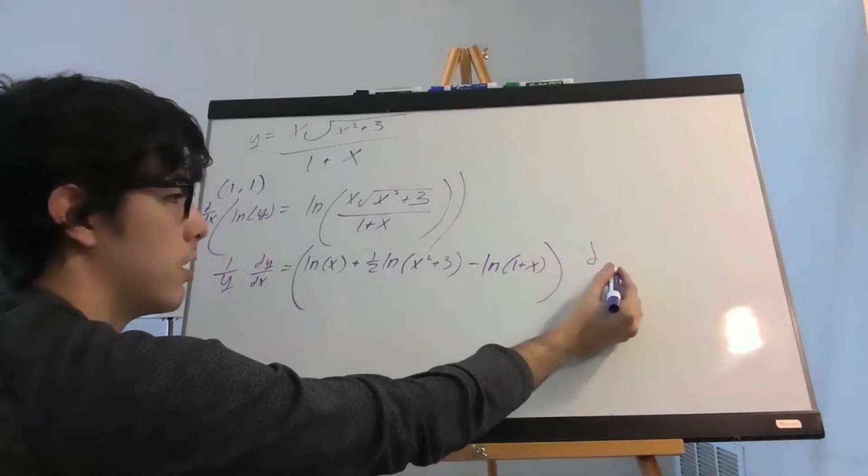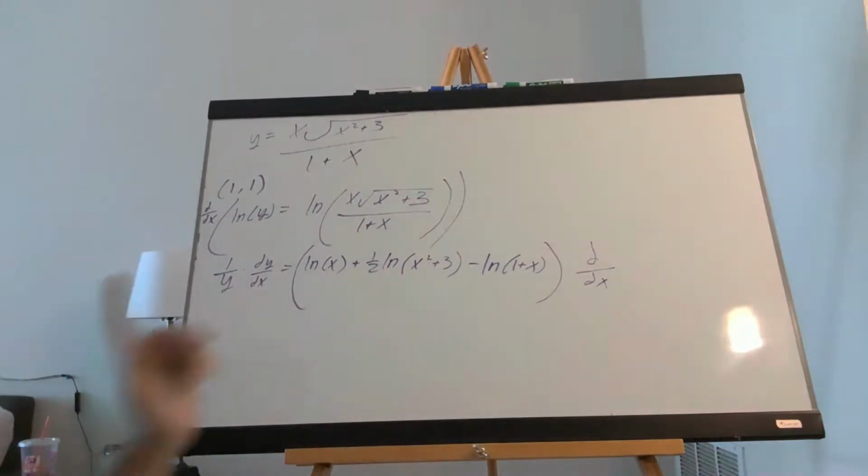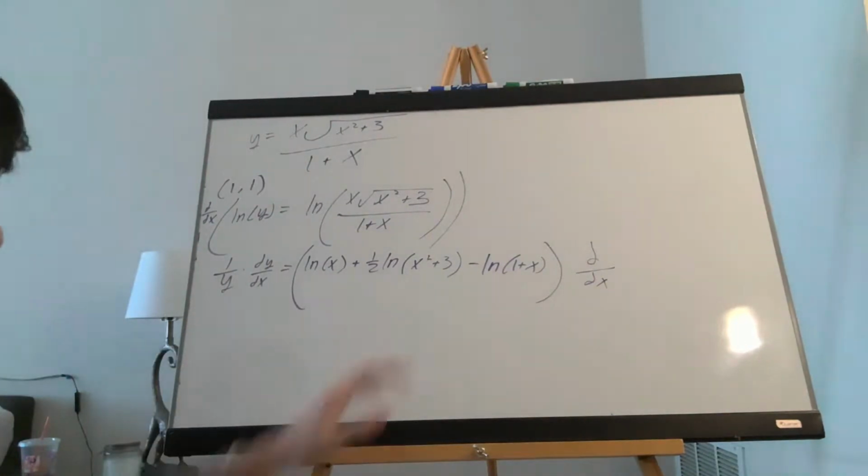I put all of this in parentheses because after we apply all the log rules, we do have to take the derivative of it.